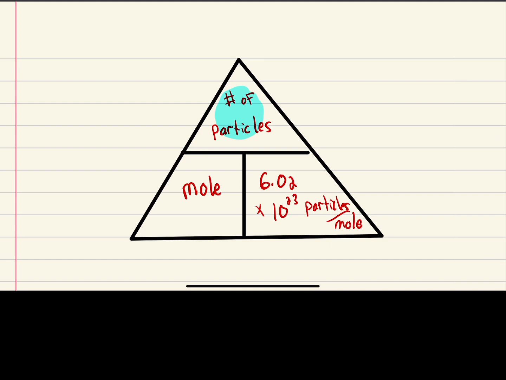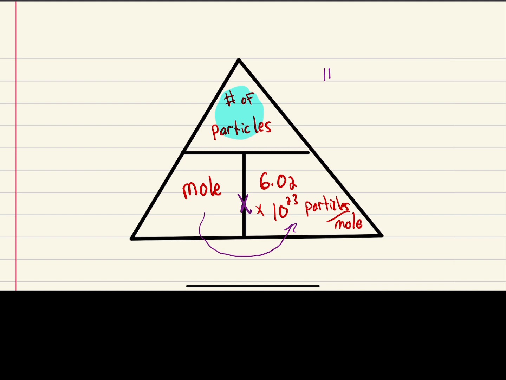So when I highlight the number of particles, it's equal to moles multiplied by 6.02 times 10 to the 23 particles per mole. Remember that 6.02 times 10 to the 23 particles is the constant for every mole of a substance.